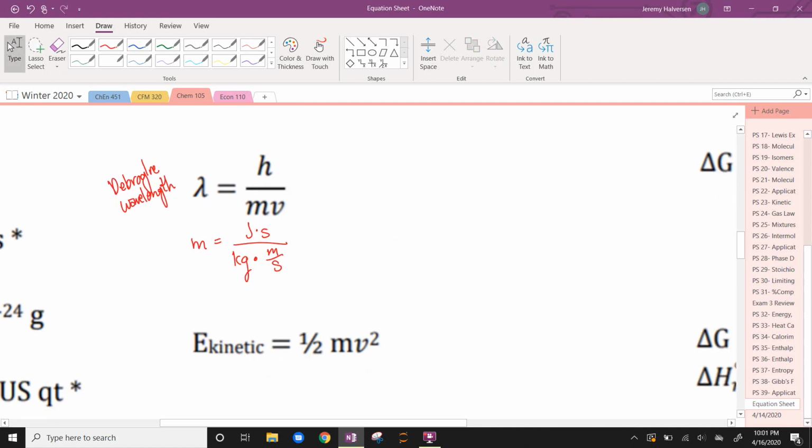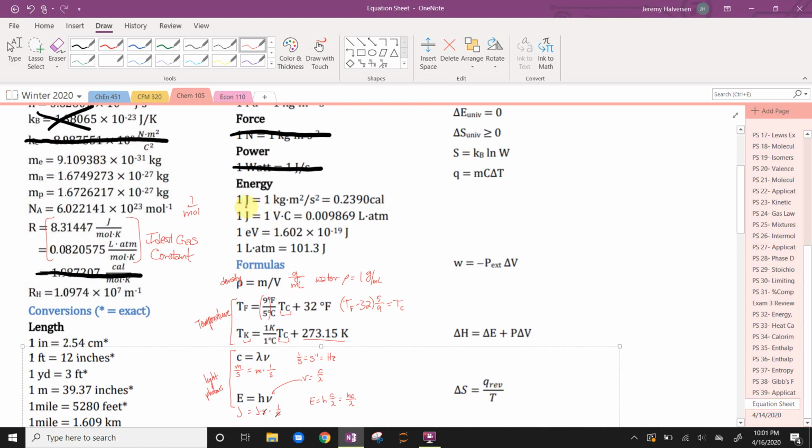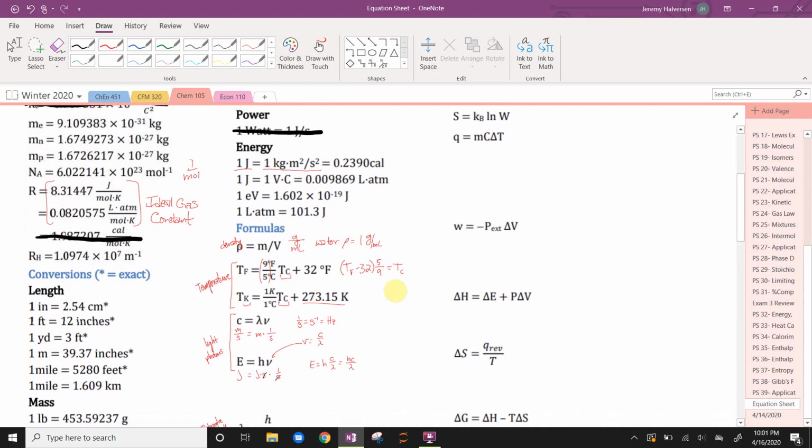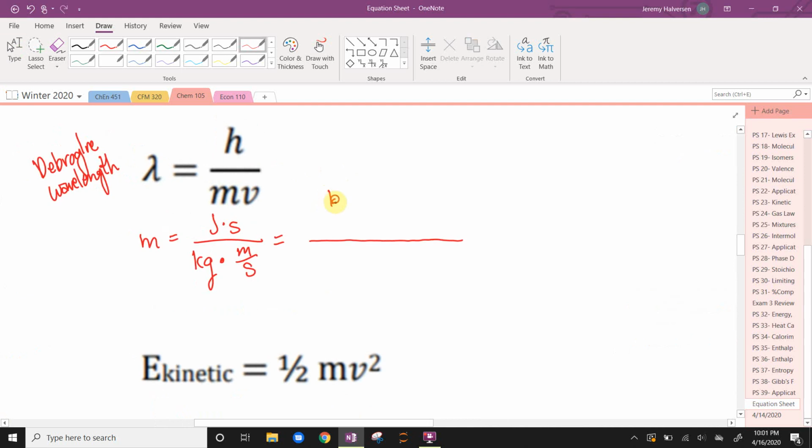So let's talk about why this works. I'm going to rewrite my joules. Up here it tells me 1 joule is 1 kilogram meter squared per second squared. So I'm going to replace my joules with kilogram meter squared per second squared. Then I have my seconds, then my kilogram, then my meters per second. Let's cancel some stuff out.